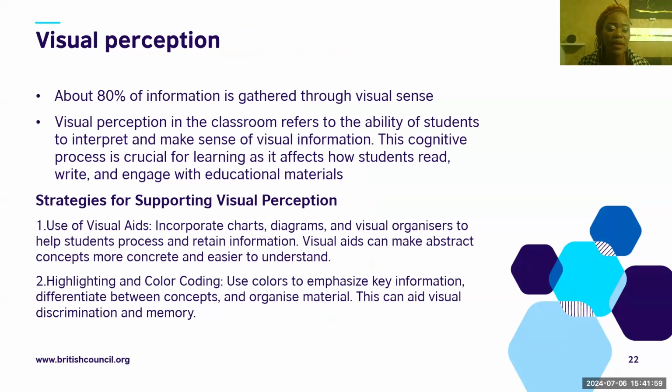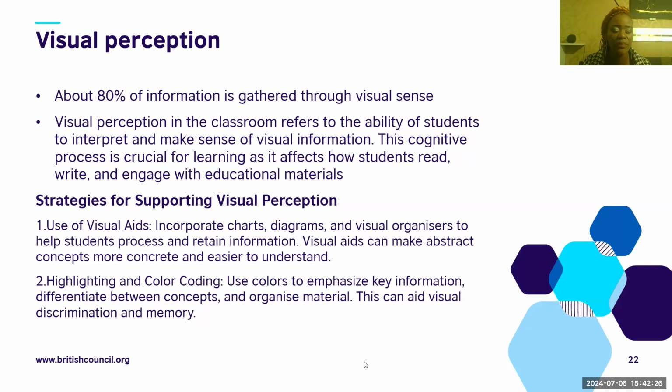Right, so we're starting with the visual perception. So 80% of information is gathered through our visual sense. So we need to be aware of this, that when I go to the classroom and I conduct my lesson, which strategies am I going to use to ensure that every learner can interpret the information that I give them?